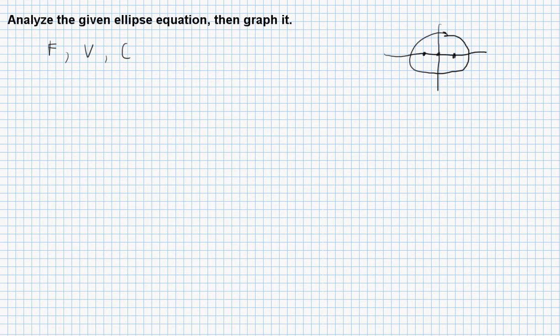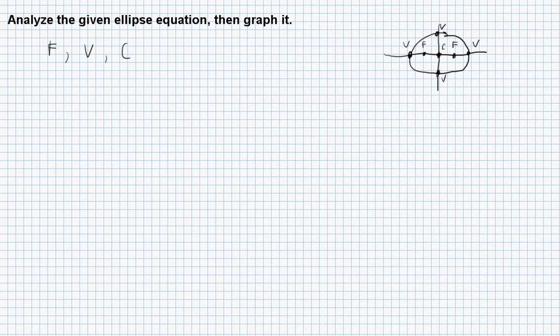The center is where the major and the minor axes intersect, and the vertices are the spots where the major and the minor axes intersect the ellipse itself. So these are vertices right here, and these are the focal points right here, and that's the center. Now when we analyze, we essentially have to find out where those points are, and then we have to give actual coordinates for them.